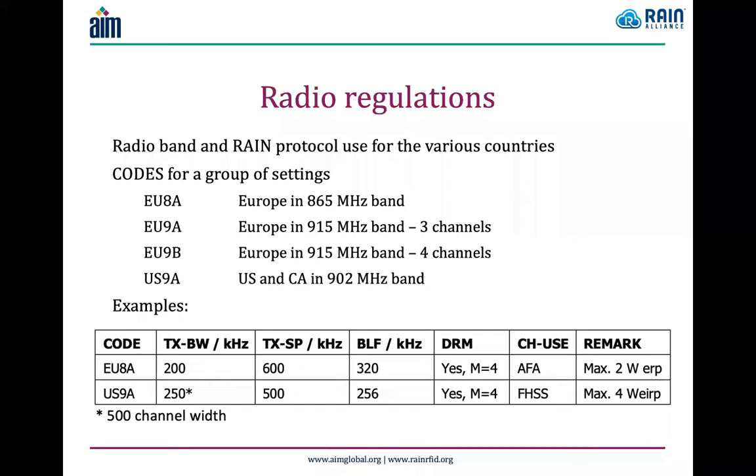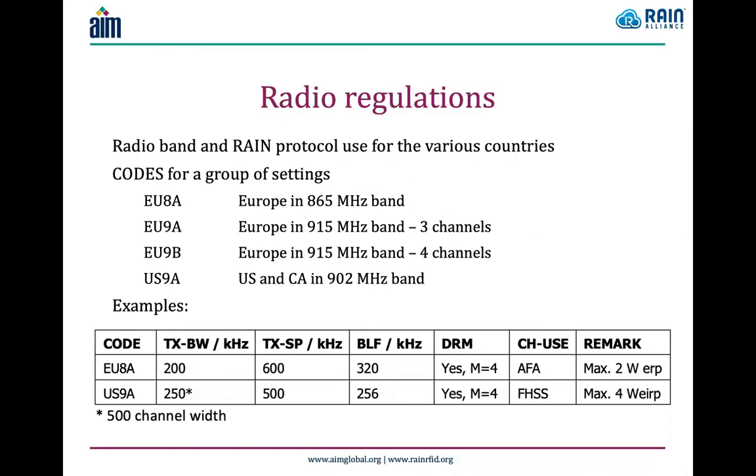This has been adopted meanwhile by a significant amount of countries, and they use 3 channels. However, the 915 to 921 megahertz band actually would allow 4 RFID channels, and there are countries in Europe outside the European Union that use the same CEPT guidelines, so the same regulatory guidelines as the European Union, but they partly allow 4 channels. For that reason, there's a second option for 4 channels.